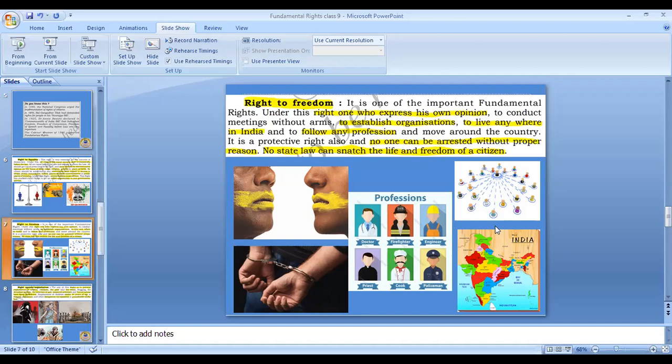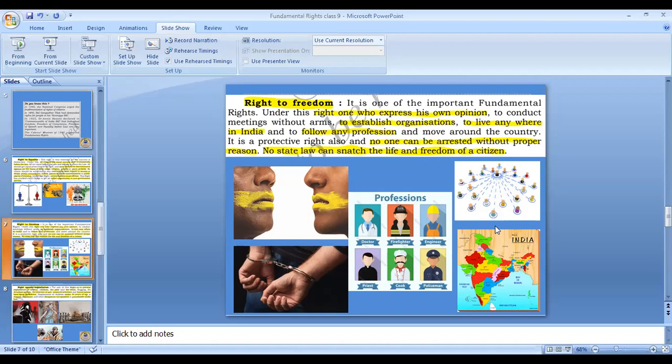By using this right to freedom, there are many television channels, particularly news channels, running their business. Because the Indian Constitution itself has given the right to freedom in talking, or in expressing your opinion in front of others.